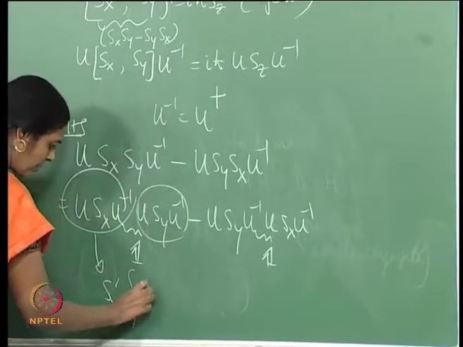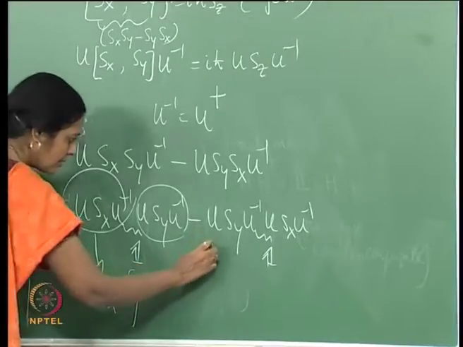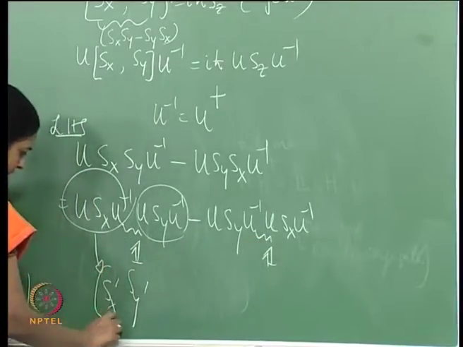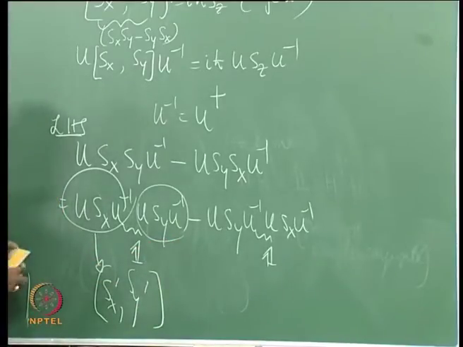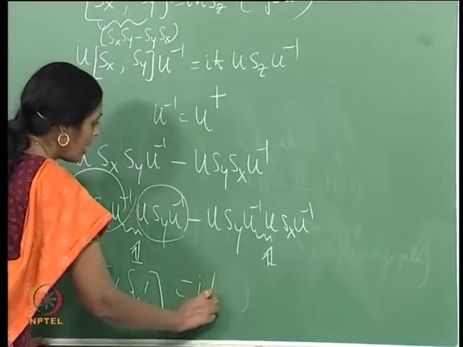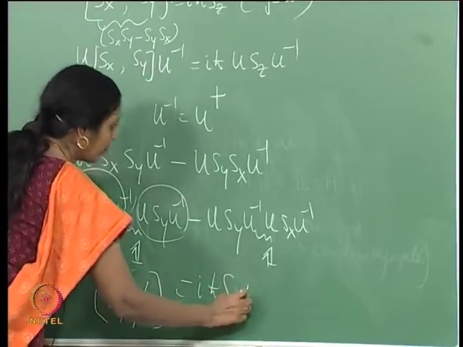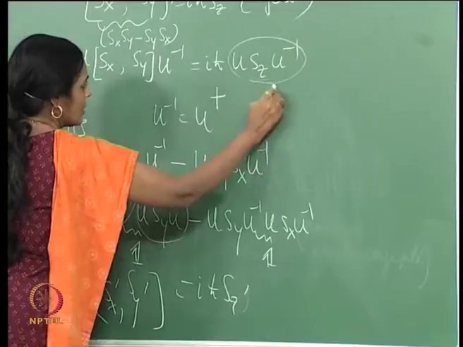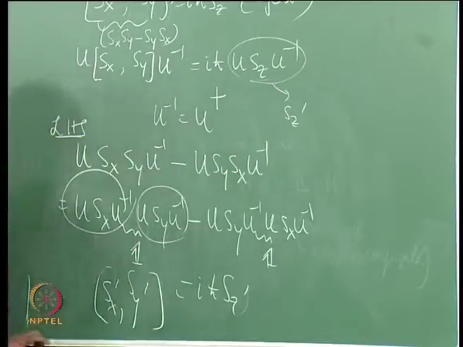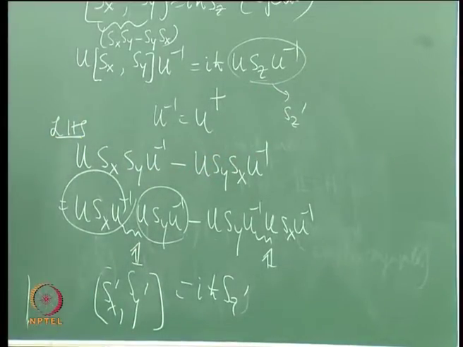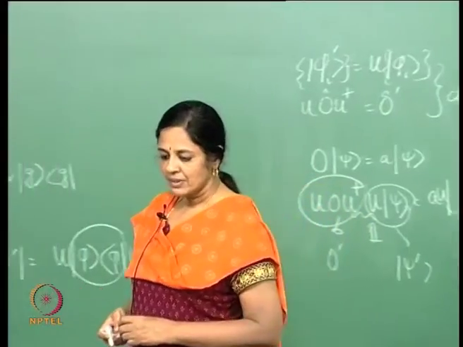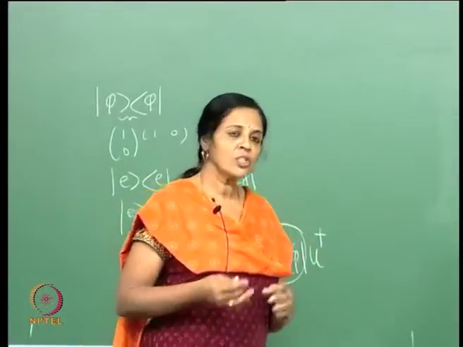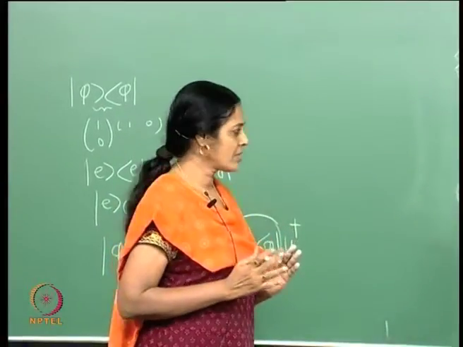This is Sy prime. This is clearly the commutator of Sx prime with Sy prime, and that is equal to I h cross Sz prime because this object is Sz prime. So the commutation algebra does not change under a unitary transformation, which brings about a change of basis.